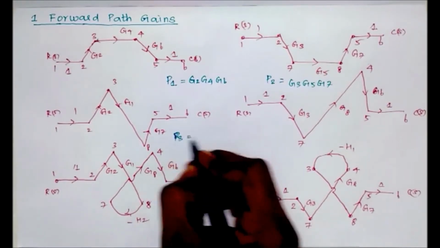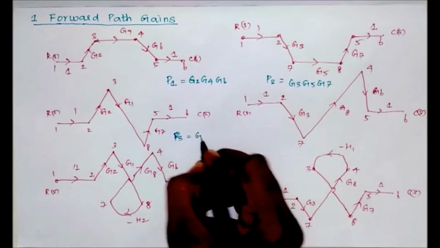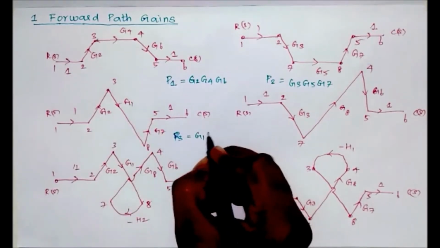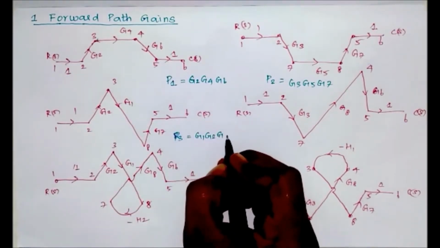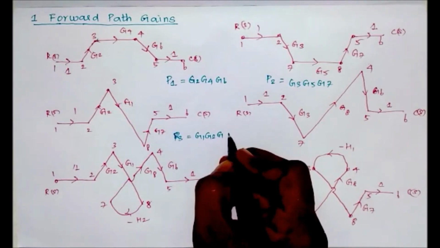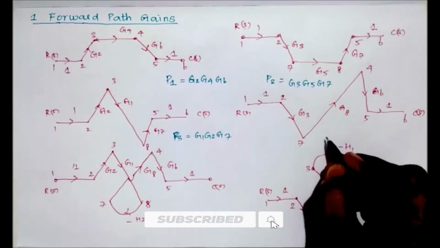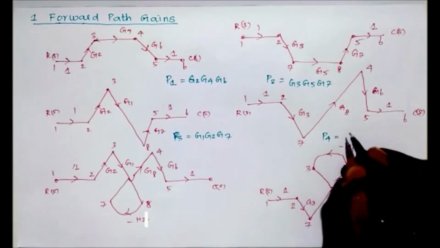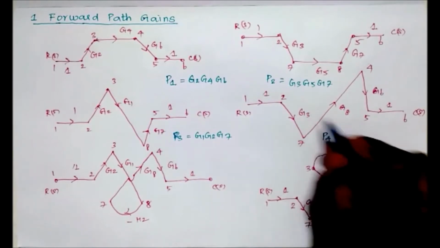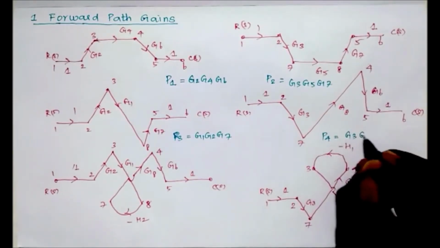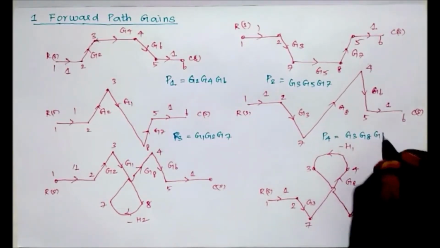Next, the third forward path gain P3 equals G1 into G2 into G7. Next, this is the fourth forward path. Its gain P4 equals G3 into G8 into G6.